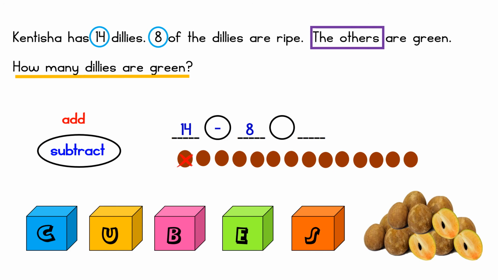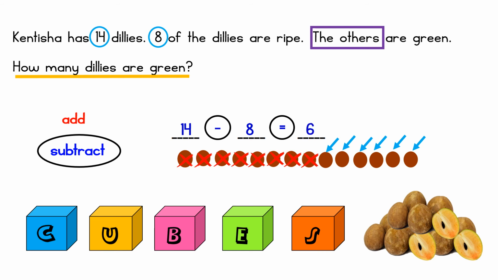1, 2, 3, 4, 5, 6, 7, 8. So, now we will see what the difference is or how many are left. 1, 2, 3, 4, 5, 6.